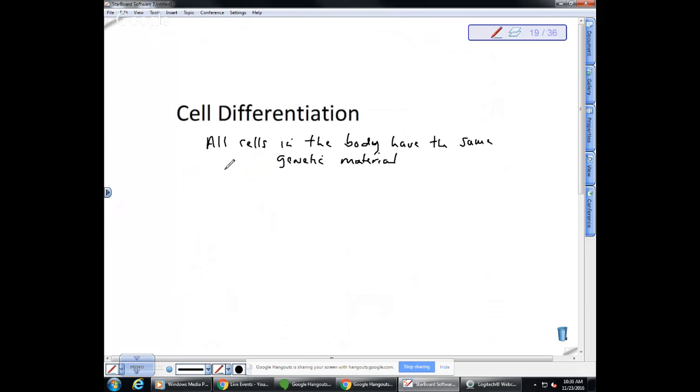And if a cell can become any type of cell, it is undifferentiated, and it is generally referred to as a stem cell. So a stem cell is unspecialized. It's undifferentiated. So it can actually become anything in the body.